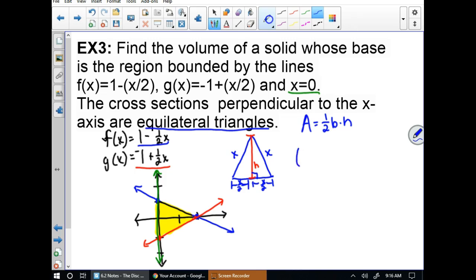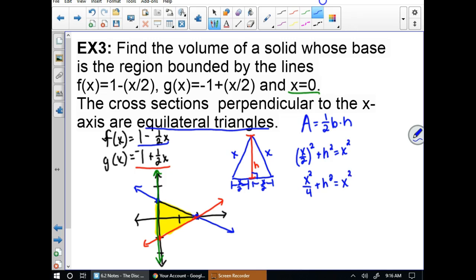We could say x over 2 squared plus h squared equals x squared. And so this is going to be x squared over 4 plus h squared equals x squared.